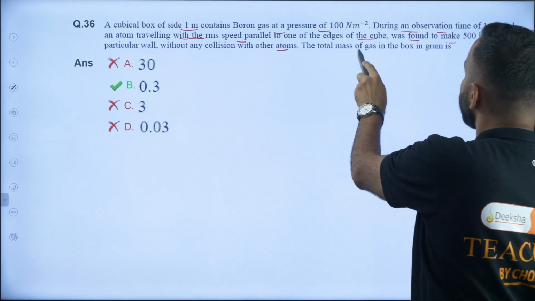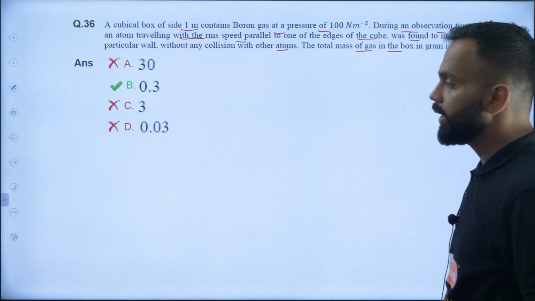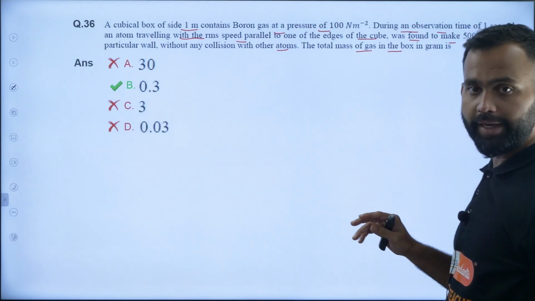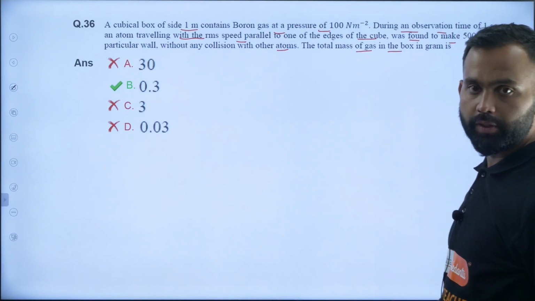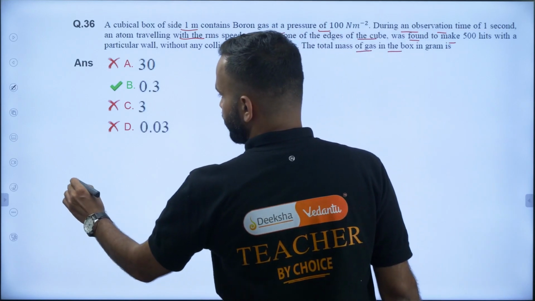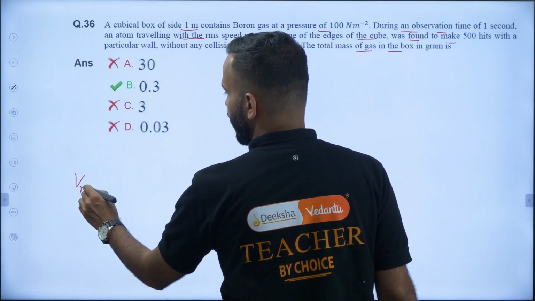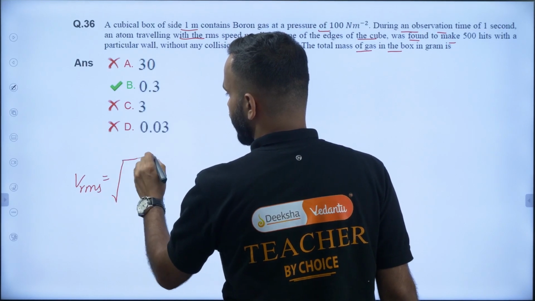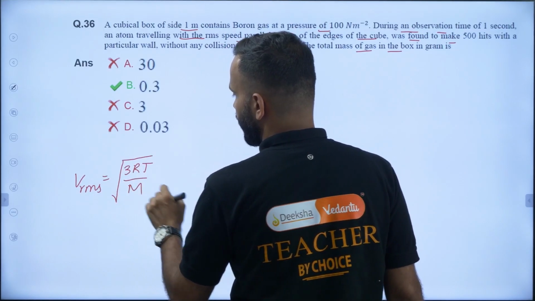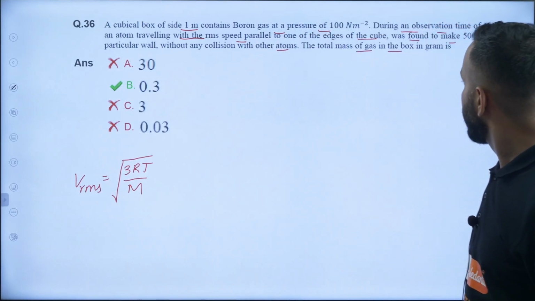So the total mass of the box in gram is, here first we need to find the RMS velocity of the boron gas. So we know that VRMS is equal to root of 3RT by M. This is the RMS velocity of the gas.